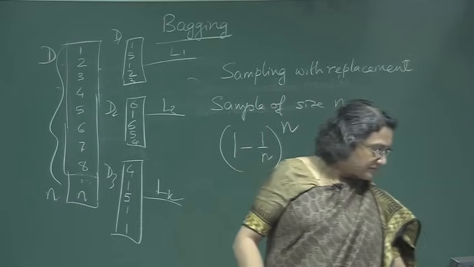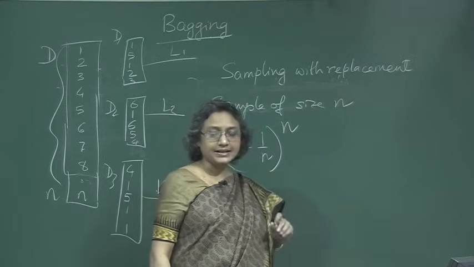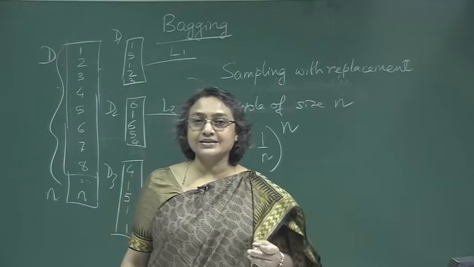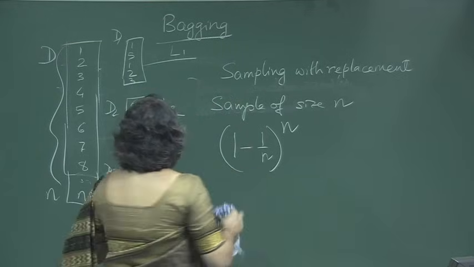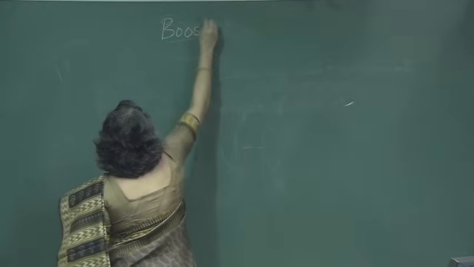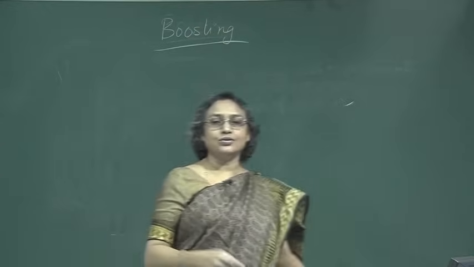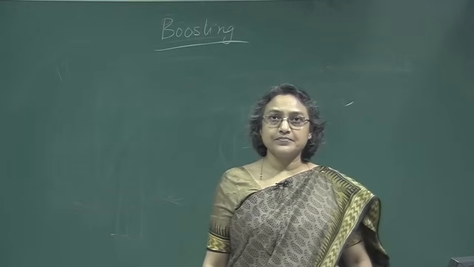Now, so this is about bagging. Next, we come to a second ensemble algorithm, which we call boosting. Now, in bagging, we are generating the data samples D1, D2 from the original data set, and they are all getting the same probability of getting included in any of these subsamples.